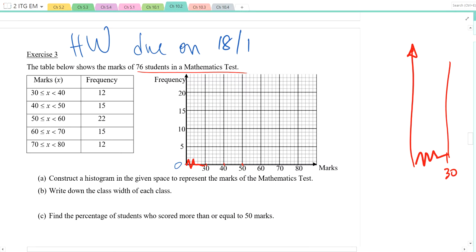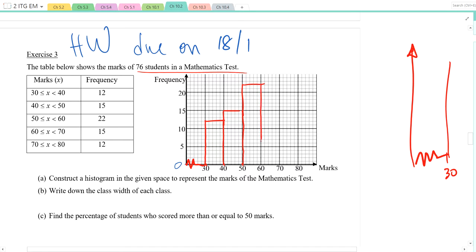Okay, so now from 30 to 40, frequency being 12. And next, 40 to 50, we've got a frequency of 15. Then 22.